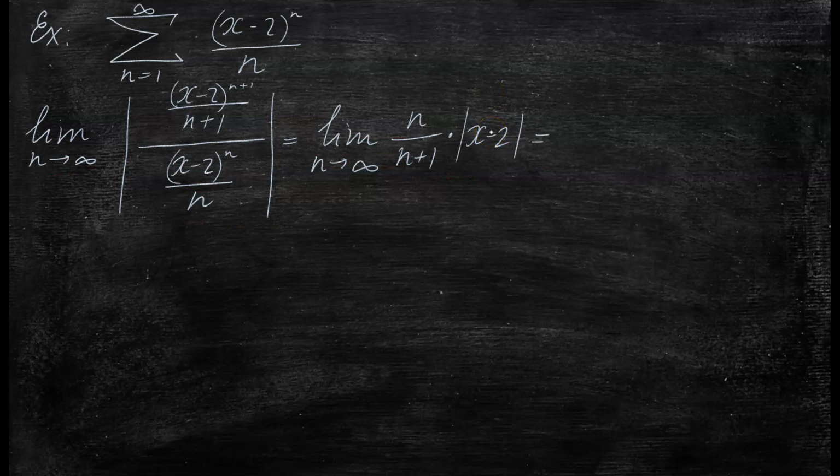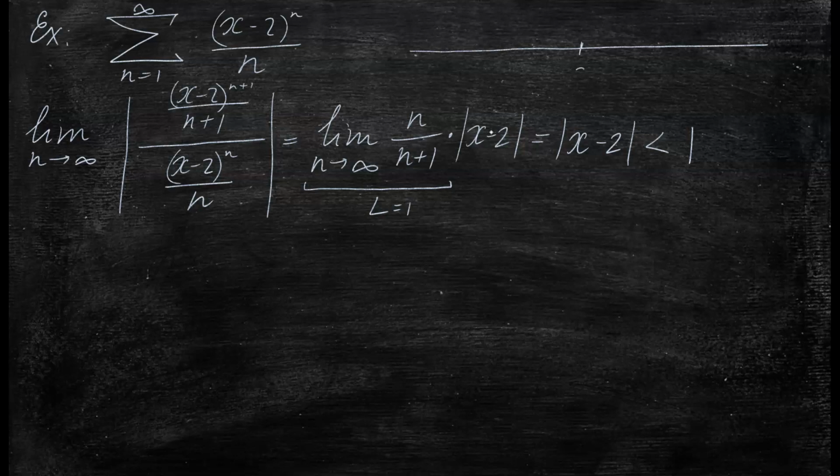And here I'm just going to speed up this process, but we don't need much effort to find this L, right? It's just equal to 1. So this whole expression just becomes absolute value of x minus 2, and per ratio test it must be less than 1. So the image that we're getting right now is this.